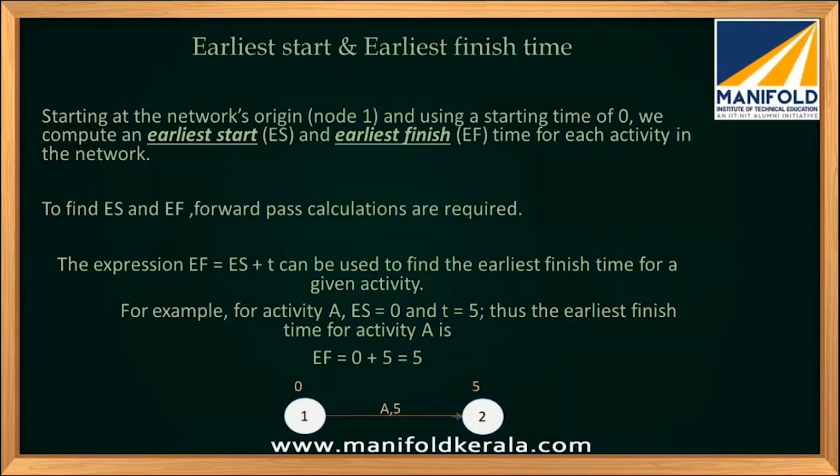The earliest start time plus duration gives the earliest finish time. So for this case, the earliest start time will be 0 and the earliest finish time will be 5.